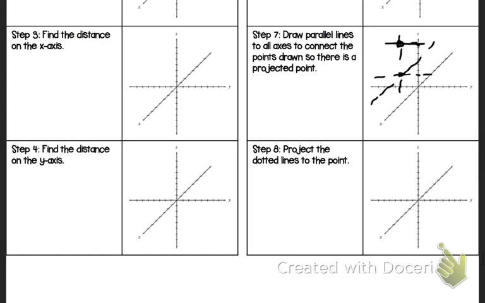So 3 on the x. Negative 5 on the y. Then you're raising that up 7. So that is our point 3, negative 5, 7.